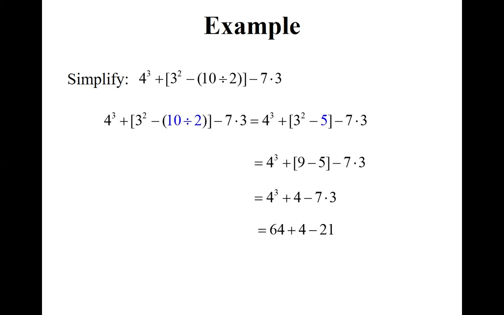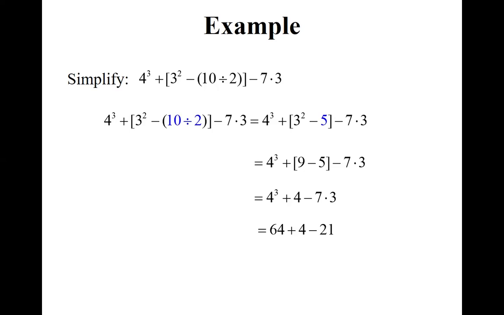Why minus 21? Because of 7 times 3. Once we took care of that exponent, the next thing would be multiplication. So we hit that multiplication problem 7 times 3 after we changed 4 to the third to 64.